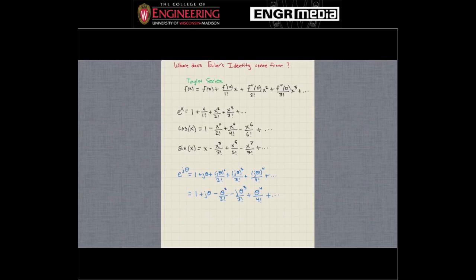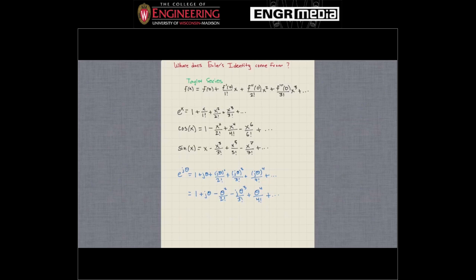We can write f of x as the function itself evaluated at 0, plus the first derivative evaluated at 0 divided by 1 factorial times x, added to the next term, which is the second derivative of f evaluated at 0 divided by 2 factorial times x squared, and so on. So you can come up with the Taylor series for e to the x, cosine of x, and also for sine of x. And we're going to relate these things to verify Euler's identity.